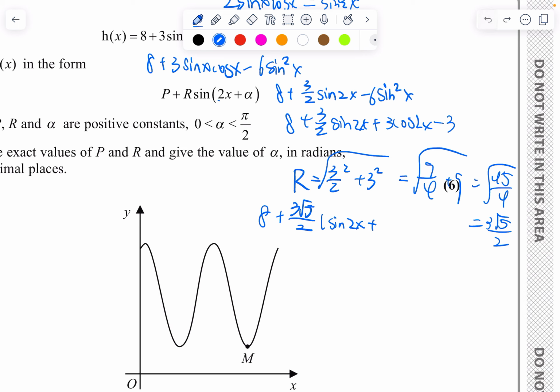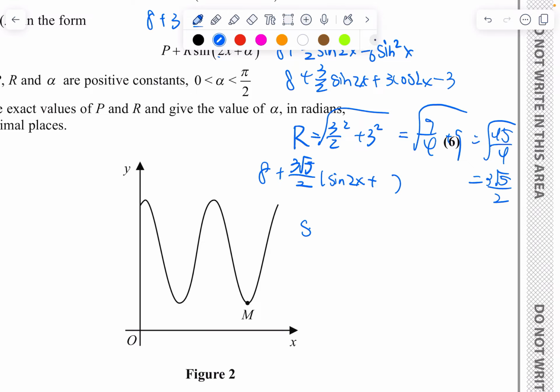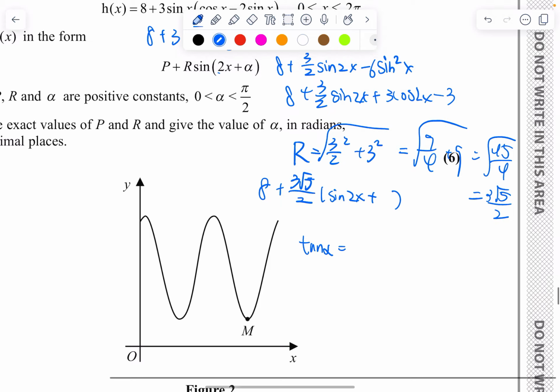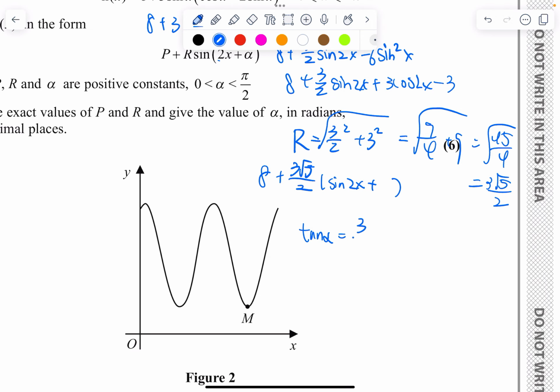There is a phase angle here, and we have to find it in radians. How do you find it? Well, let's just take tangent alpha, which actually equals 3 over 3 over 2. So you would get alpha equals around 1.107.